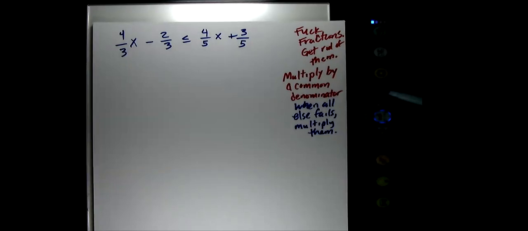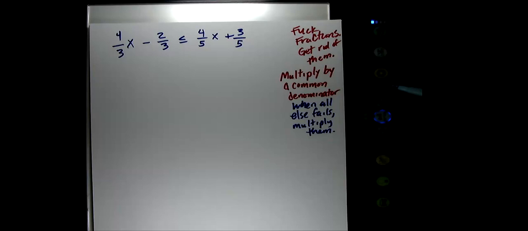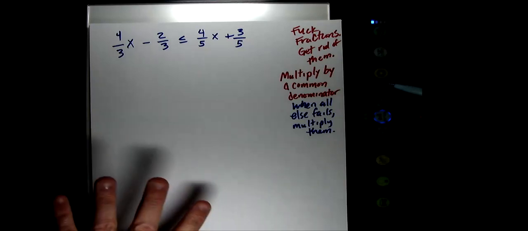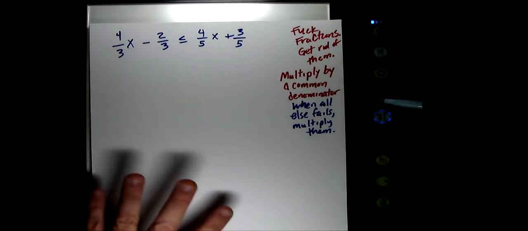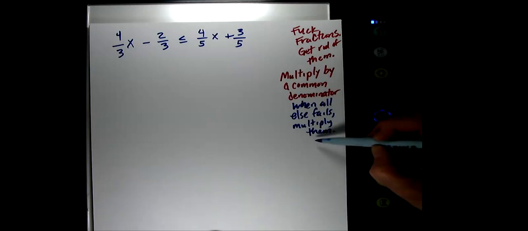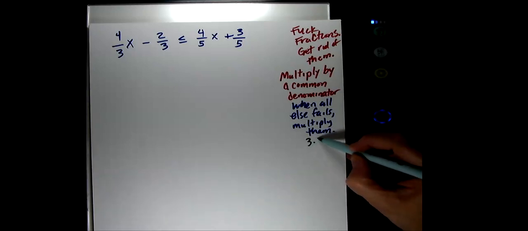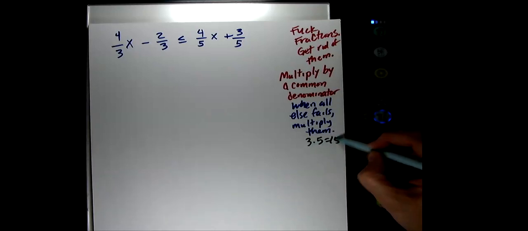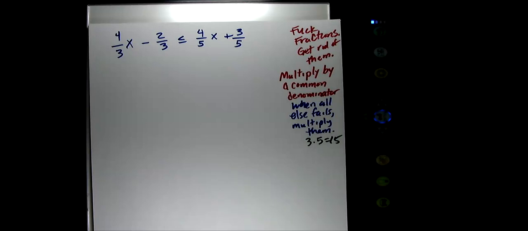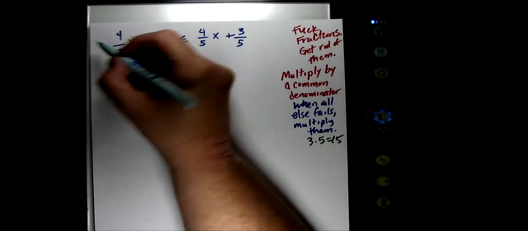This is pretty easy because I only have two different ones. I don't need to multiply them all. I don't need to do 3 times 3 times 5 times 5. Just 3 times 5 will be sufficient. Three times 5 equals 15. I'm going to multiply everything here by 15.